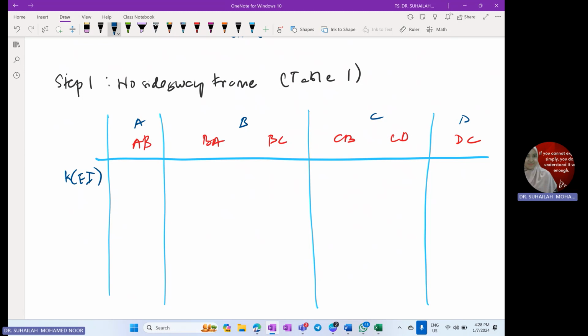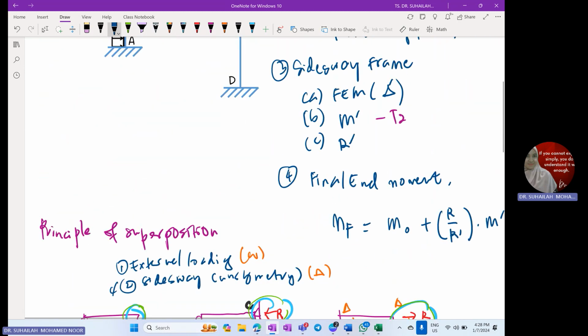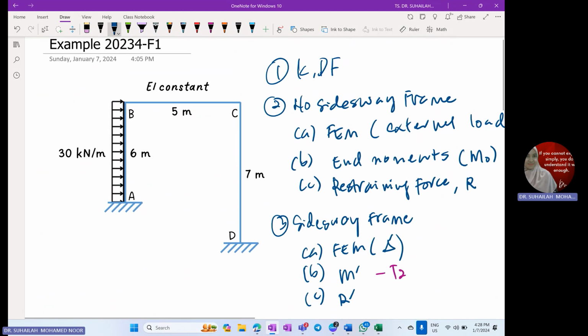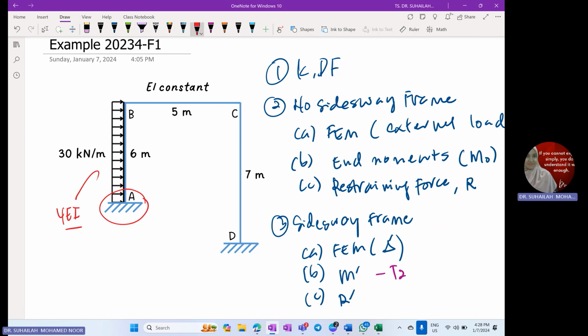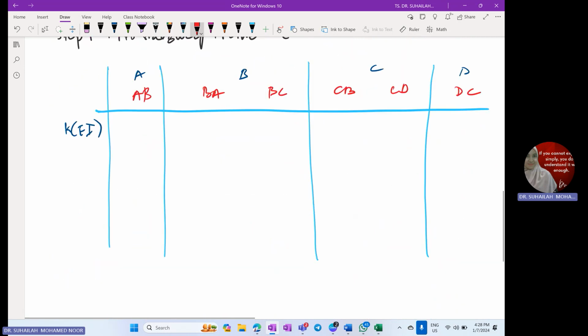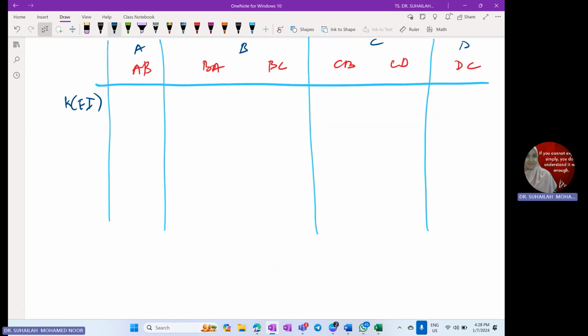For AB, it is 6 meters and it is far end fixed, so we use 4EI over 6, because EI is constant. So it is 0.667.